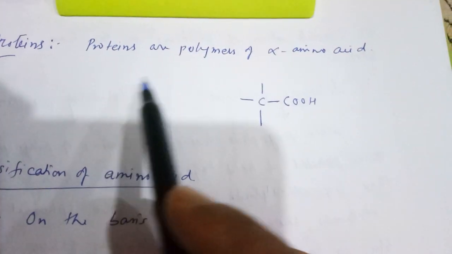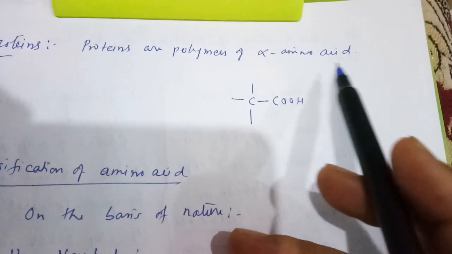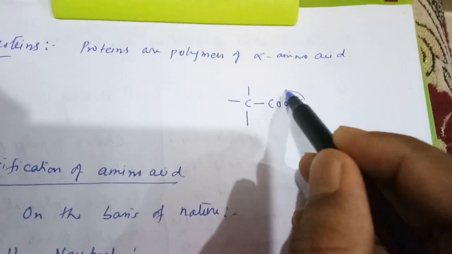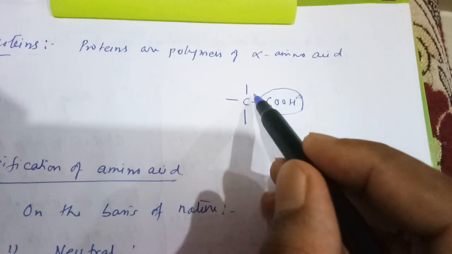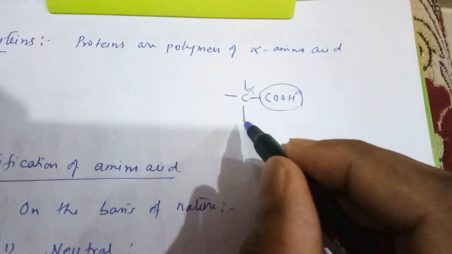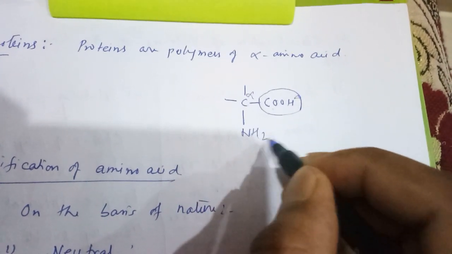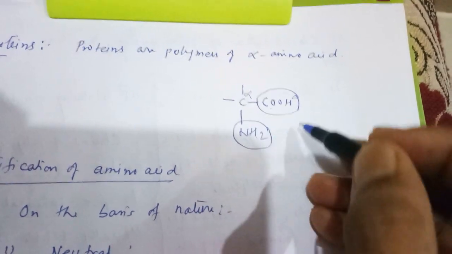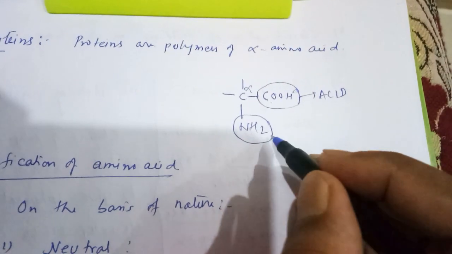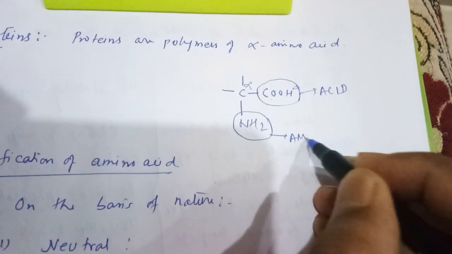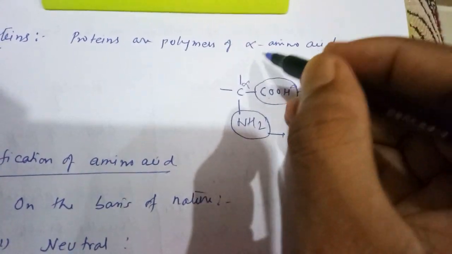So proteins are polymers of alpha amino acids. Acid means we have a COOH group, and the first position next to the functional group is called the alpha carbon. On that carbon we have the amino part. So this is the acid part and this is the amino part.